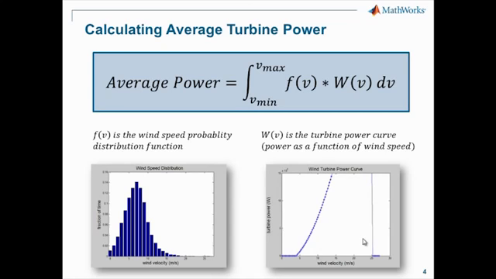You usually know at the time you're doing these experiments which vendor you're going with, so you know what that wind turbine power curve is. I need both of those pieces of information in order to calculate the average power, and therefore what the capacity factor would be. And I'm going to go to MATLAB now and show you where I start.